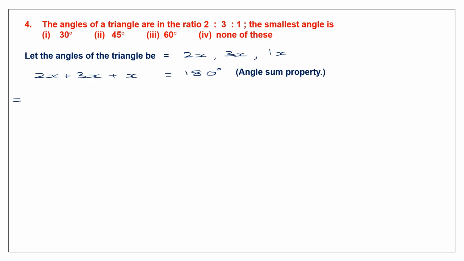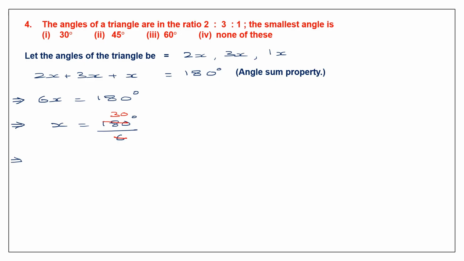Now let's solve for x. So let's add up 2 plus 3 is 5, 5 plus 1 is 6. So 6x is equal to 180 degrees. That means the value of x is equal to 180 degrees divided by 6. And here 6 into 30 is 180.